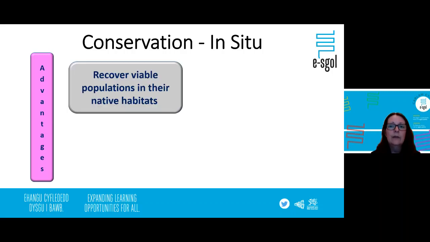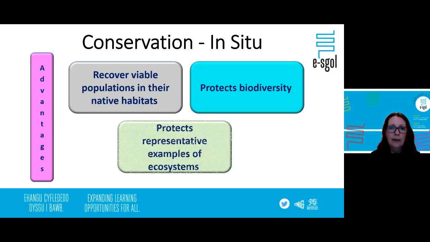So let's have a look at some of the advantages here. Biodiversity is protected, and biodiversity is a big thing within a habitat. We recover viable populations in their native habitats, so we don't have to worry about trying to reintegrate them and the finance and the difficulties surrounding that. Animals that are conserved in situ can recover more quickly.